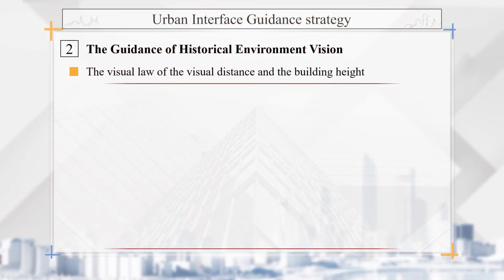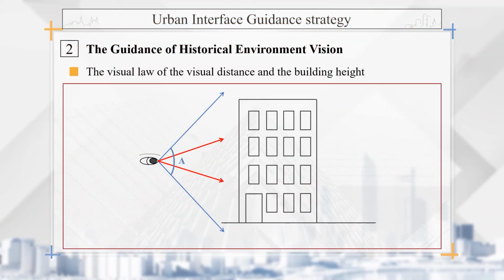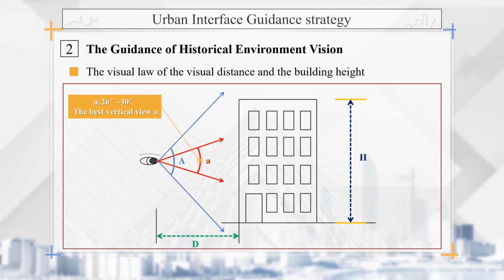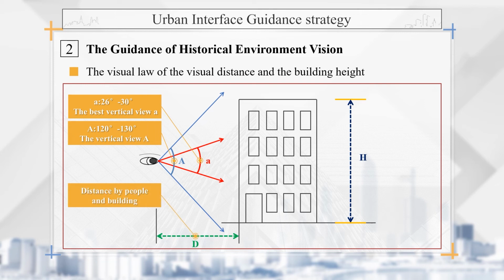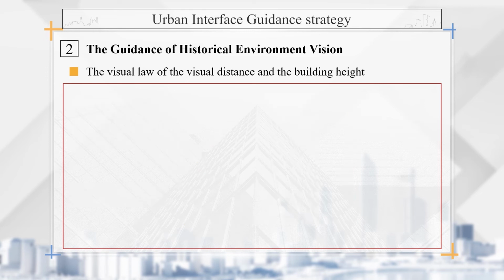In the design of adaptive reuse of historical buildings, you should analyze the regional spatial scale relationship between historical buildings and their surrounding environment, as well as visual experience of people when they are moving in the space environment through the limitation and requirements of the visual law on the spatial scale.